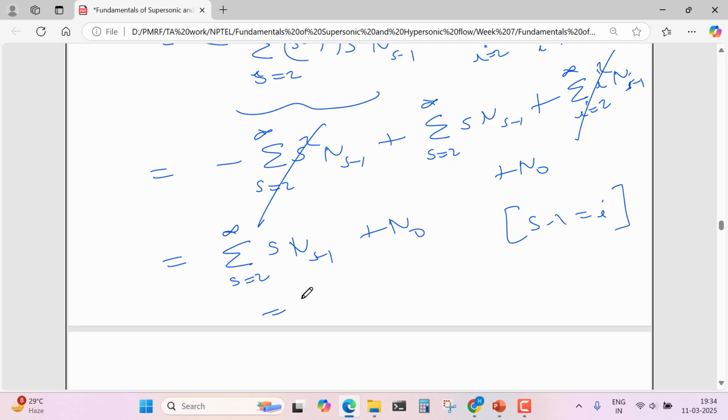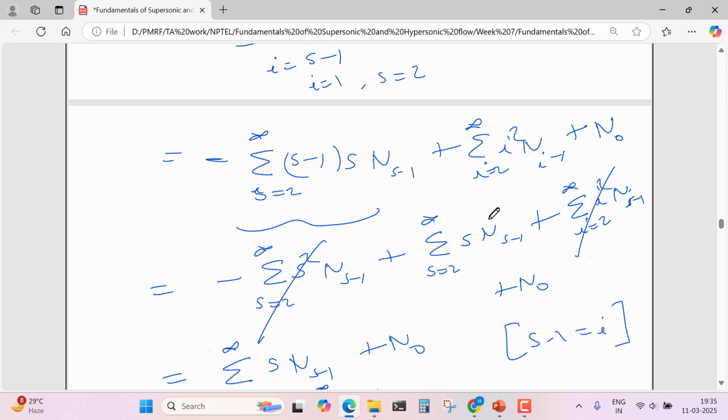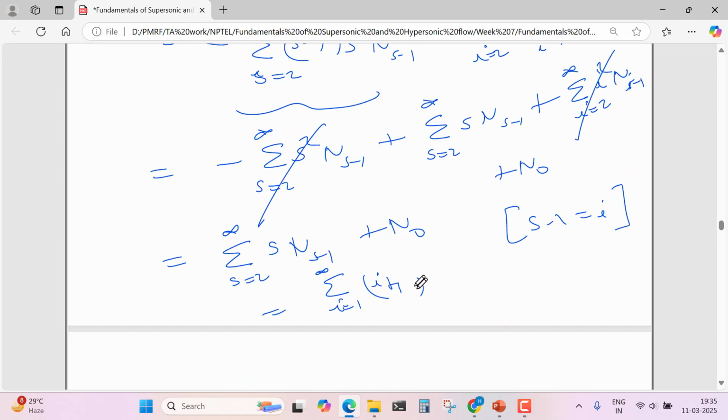So it will be sigma i equal to 1 to infinity (i plus 1) n_i plus n0.